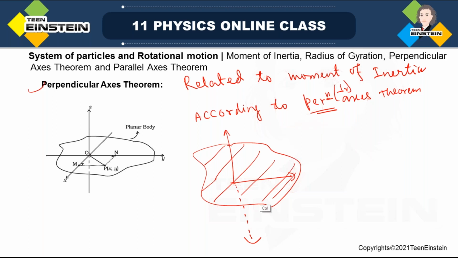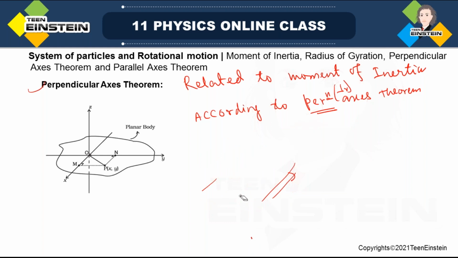I hope you understood what I'm trying to say. Take a plane sheet of any metal, like a disc or any arbitrary shape. You can define the mass distribution at any place by two axes on that. Here is the plane lamina, this one.